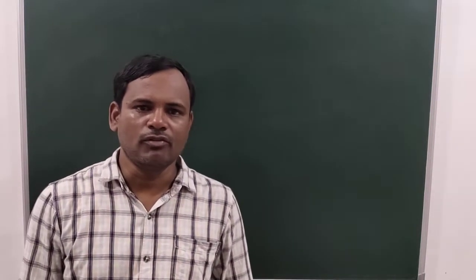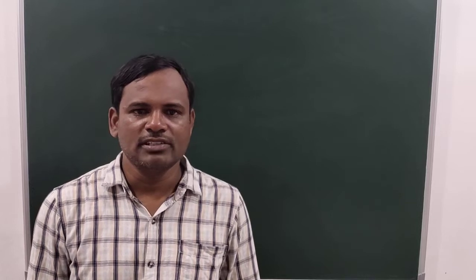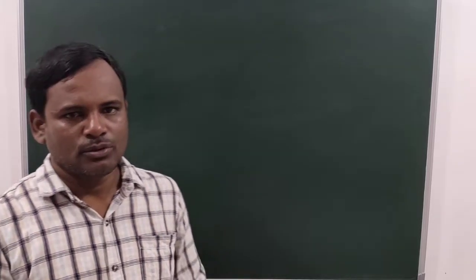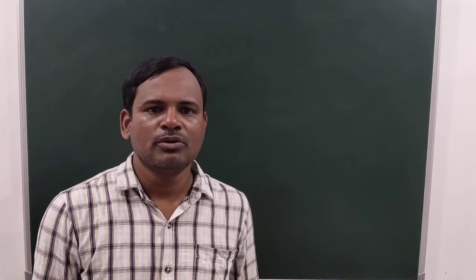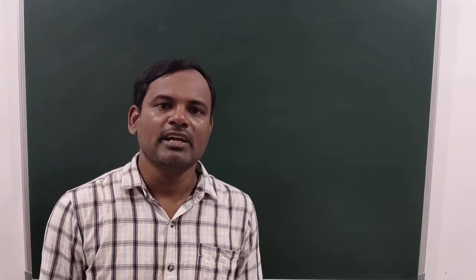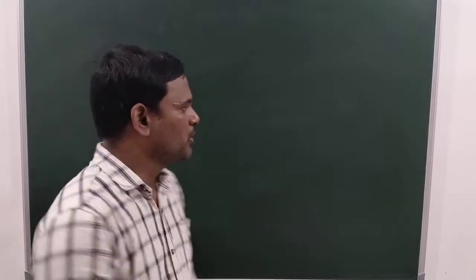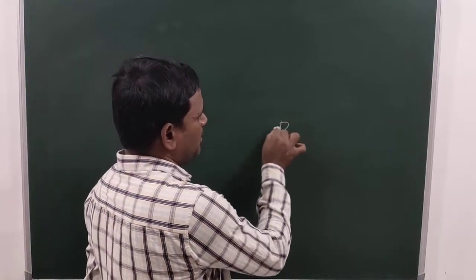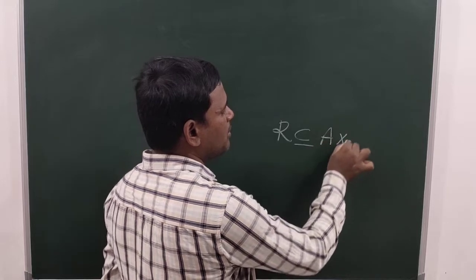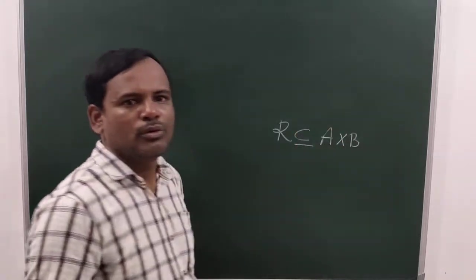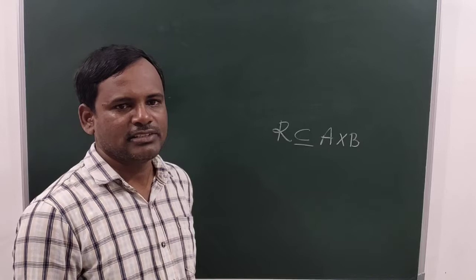In this class, now I would like to explain you the definition of a function. To know the definition of a function, we should know the relations and sets chapter. You know, a relation is a subset or equal to the Cartesian product of two non-empty sets.